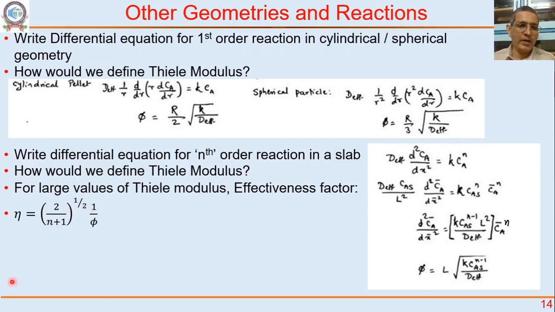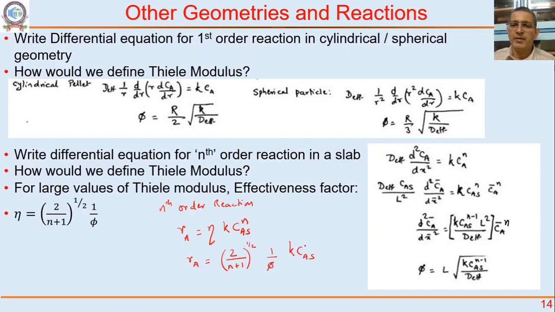So if you have an nth order reaction and you want to write rate Ra, it would be eta times K Cas^n. And what would eta be now? Eta would be (2/(n+1))^(1/2) times 1/phi, times K Cas^n.